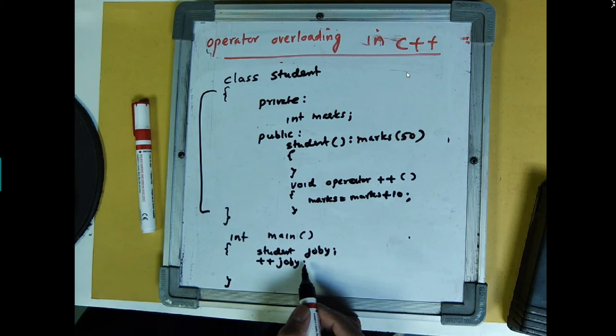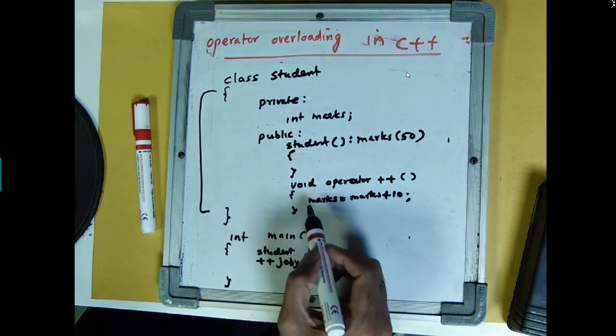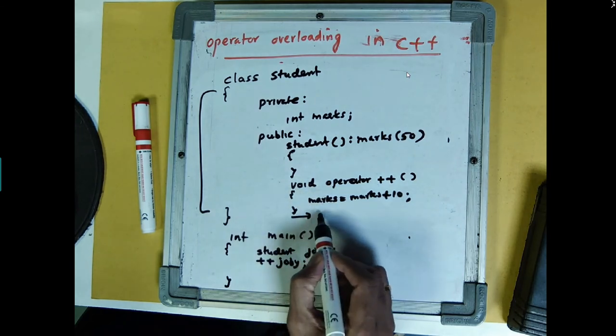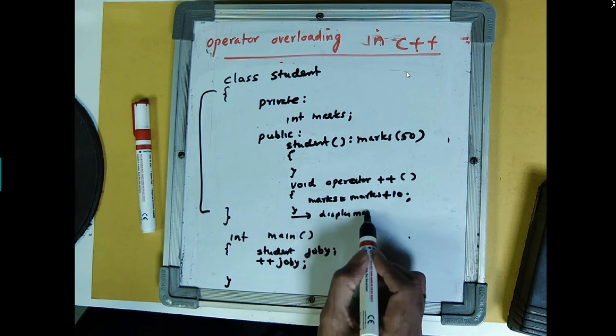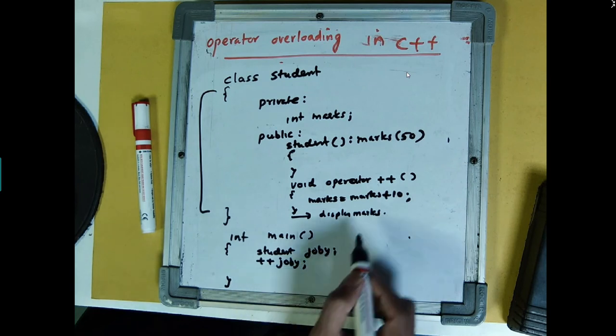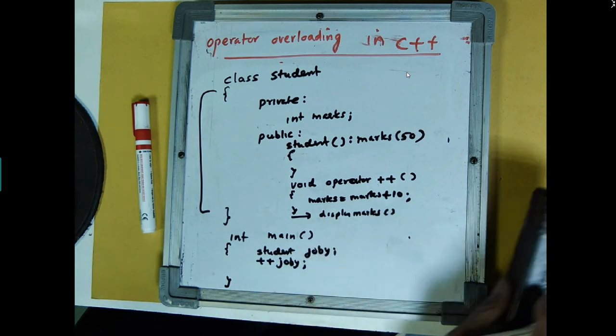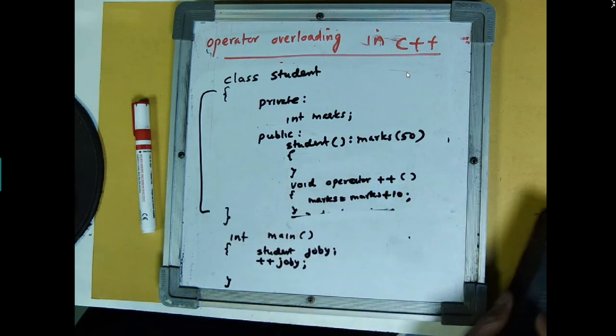Suppose I also have an extra function to display the marks, called display marks. Then I would simply call Joby dot display marks, and that would display the value of marks.